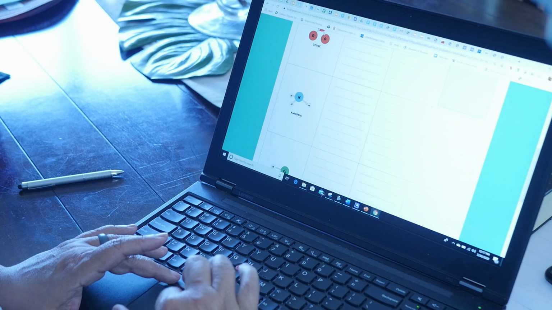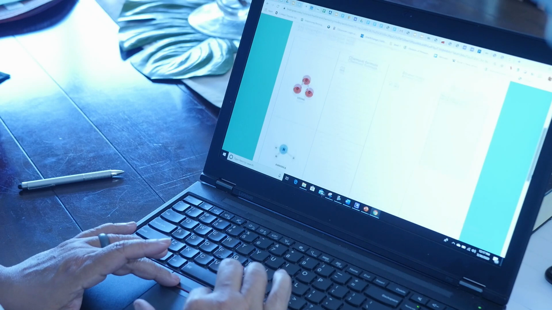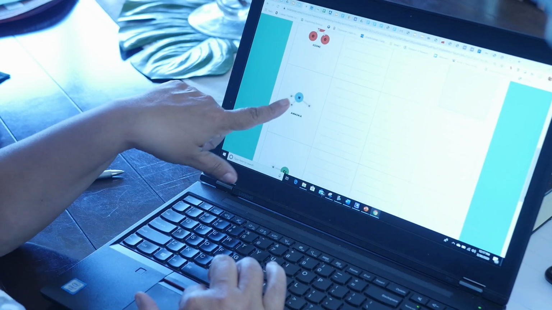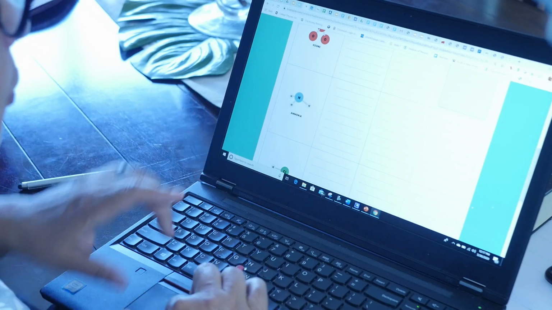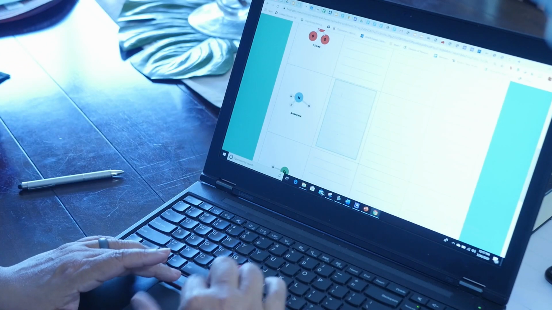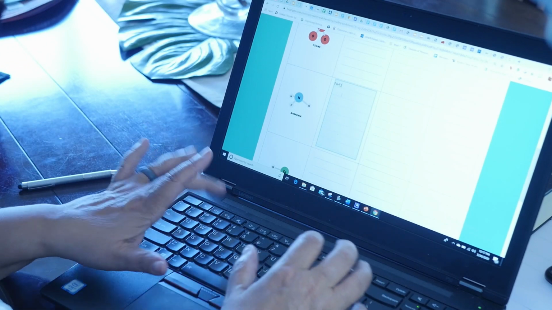The next one is asking you for the chemical formula of NH3, ammonia. You can write that down, NH3.